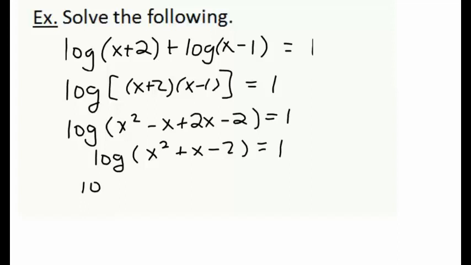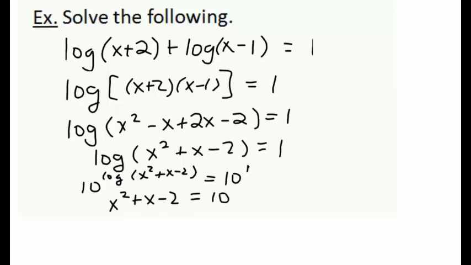So in order to remove our logarithm, we're going to have 10 to the log base 10 of x squared plus x minus 2 is equal to 10 to the power of 1. Since the base of our exponential expression and the base of our logarithm are the same on the left-hand side, we are going to be left with x squared plus x minus 2 is equal to 10.